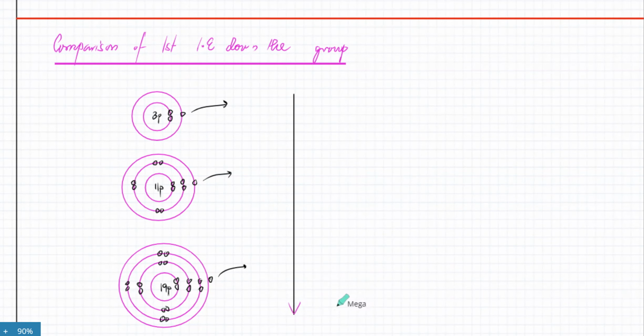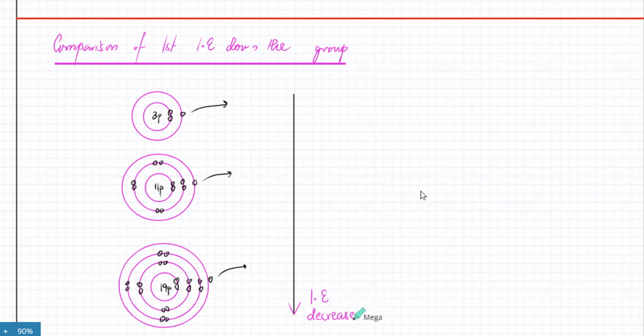So it's going to decrease. Why? Because it would become easier to remove electrons, right? By just looking at it, you know that the electron is really far away. So we know that ionization energies would decrease, and it would become easier to remove electrons.